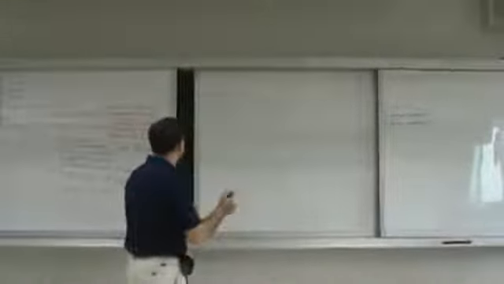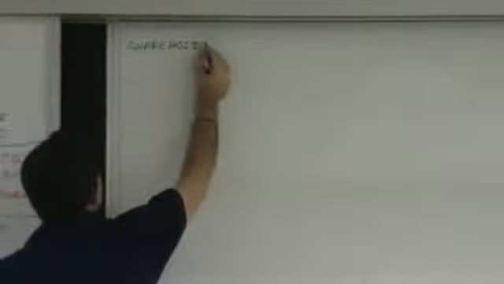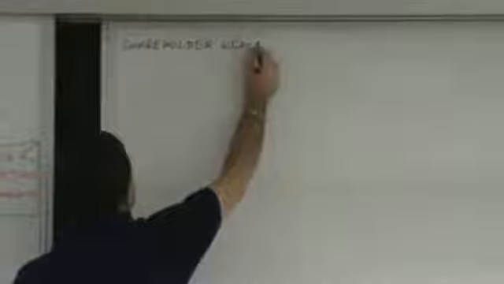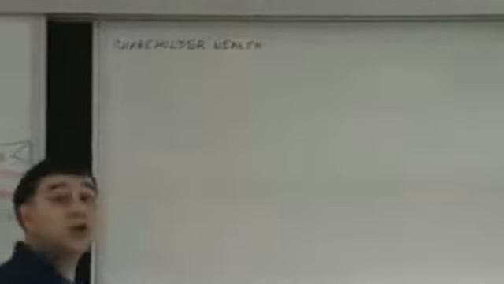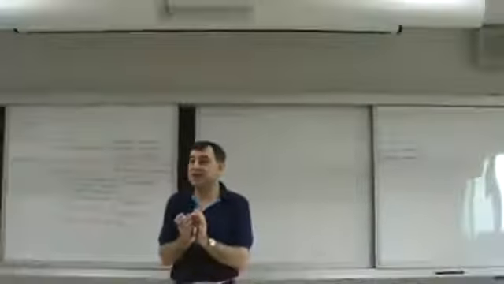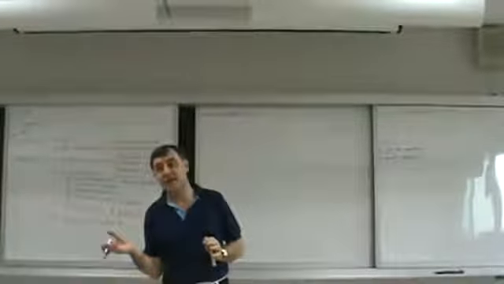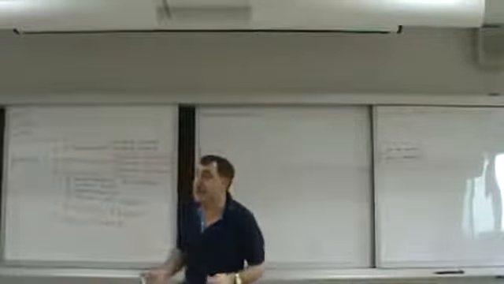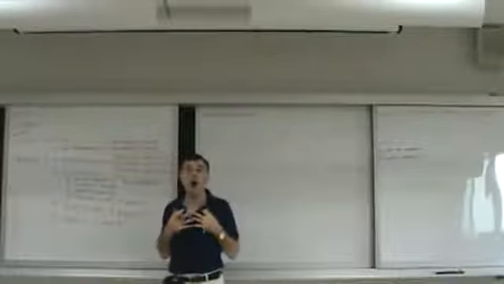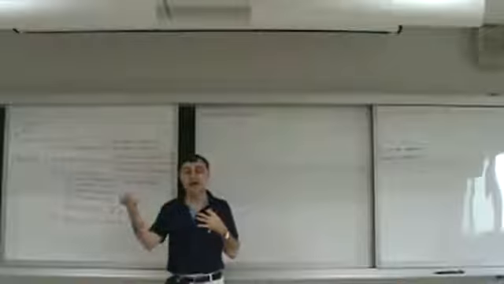We have concepts like, let me write some concepts over here, which I have marked for you. The first one is shareholder wealth. So we need just to say in economics, what is wealth? Wealth is simply all the assets owned by an entity.